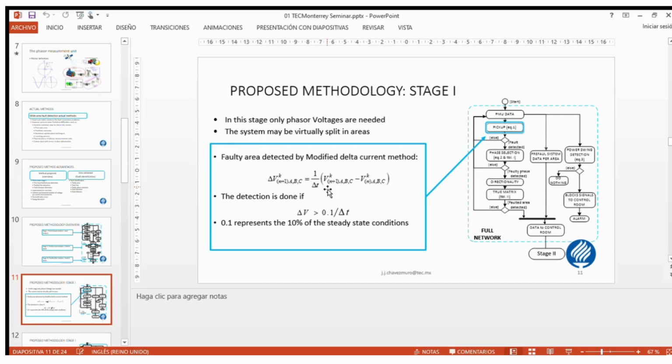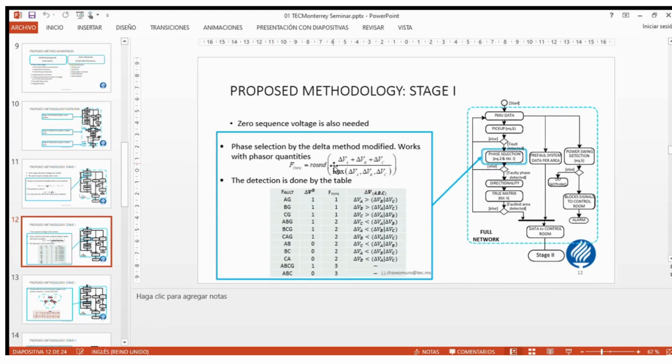If there is a high difference between both measurements, and I'm talking about 10% or more because 10% is allowed in the system, then we are going to send a pickup, a starting signal, that there is a fault on the system. Okay. Then, comparing the magnitude of the phasors, we will be able to see what type of fault it is.